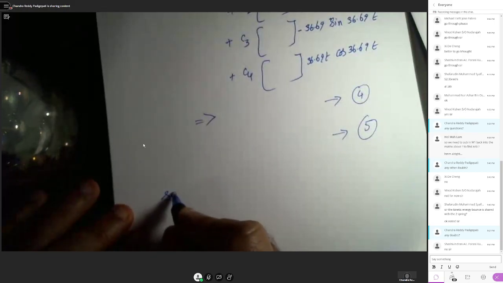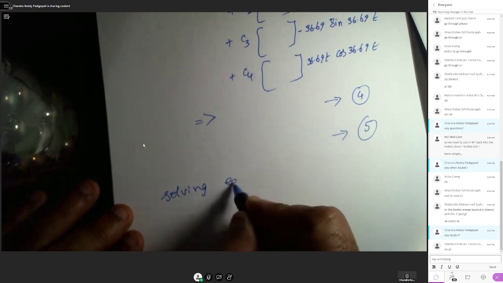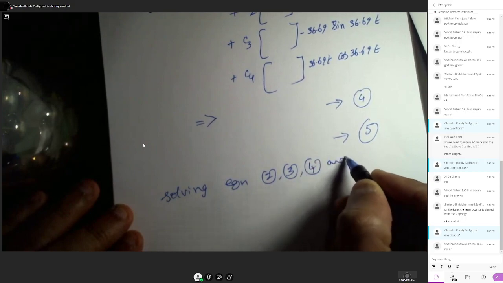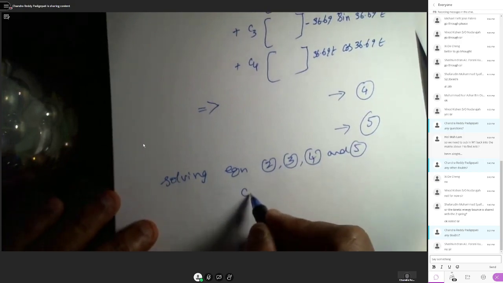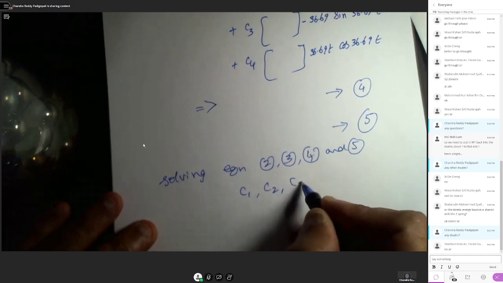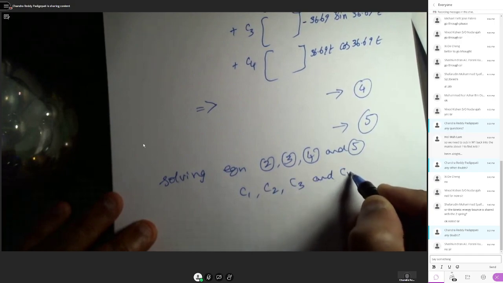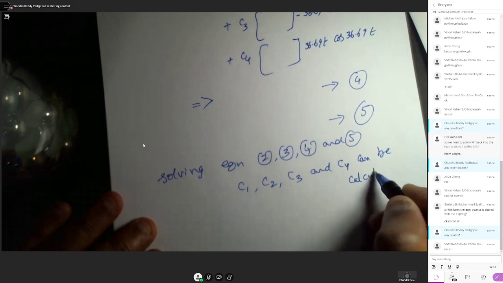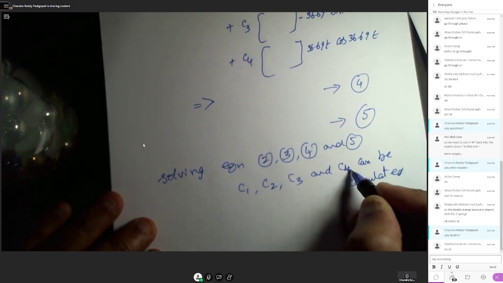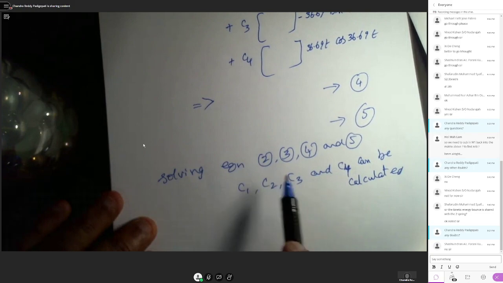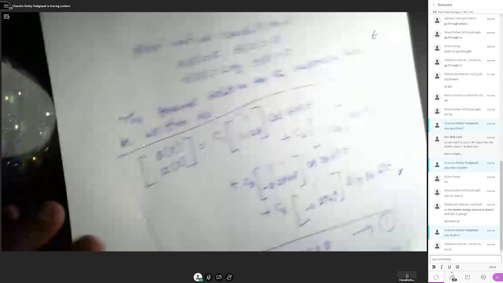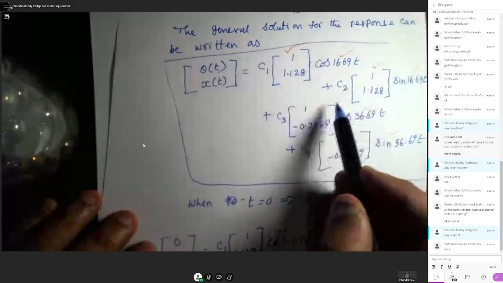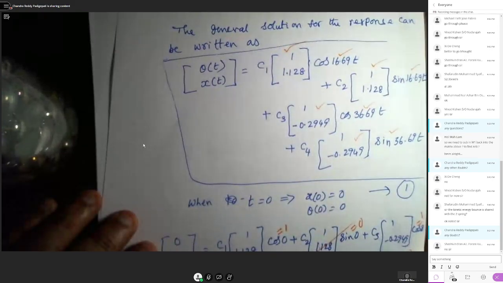Solving equations 2, 3, 4, and 5, you can calculate the C1, C2, C3, C4 values. Once you get those values, just substitute them, and that will be your response.